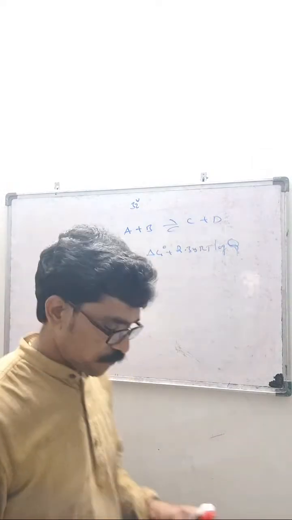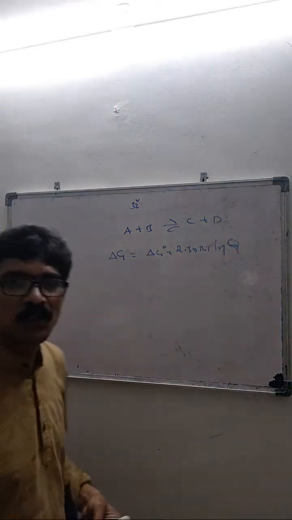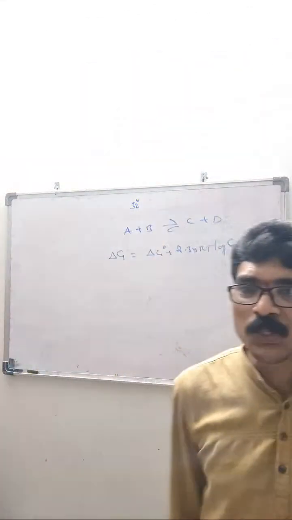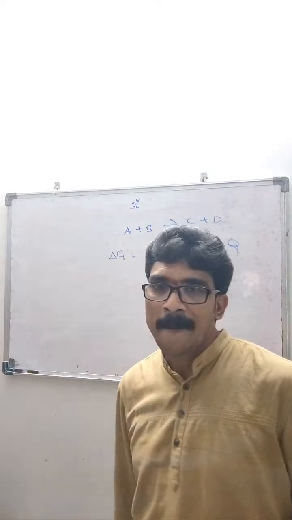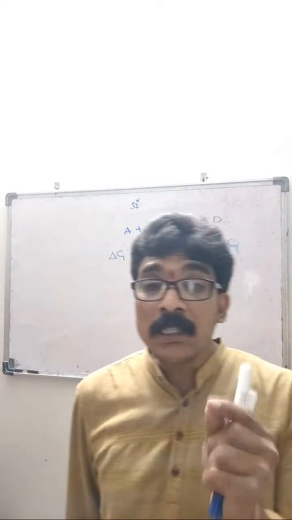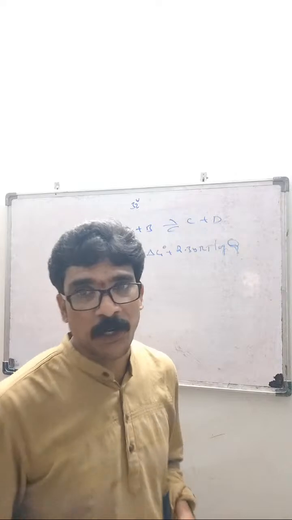Leave that one. So delta G is equal to delta G naught plus 2.3 RT log Q. I want to convert delta G in terms of electropotential.